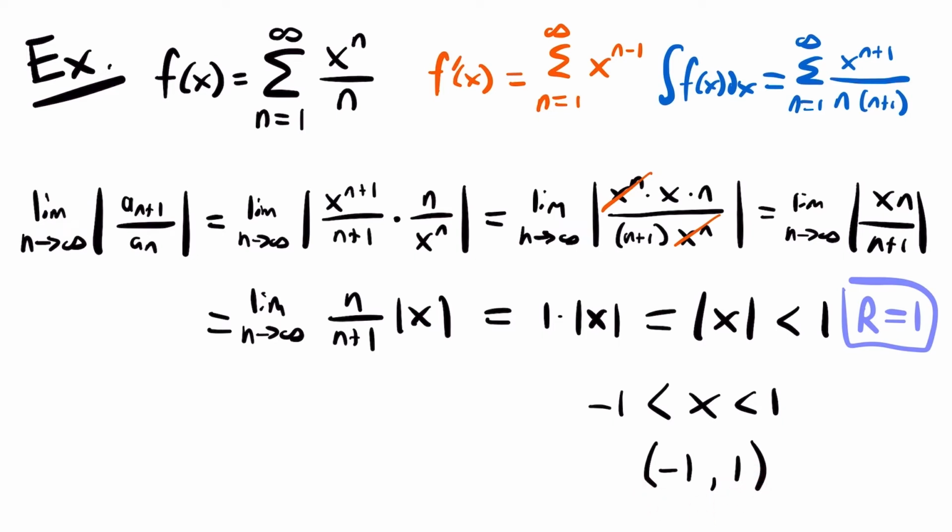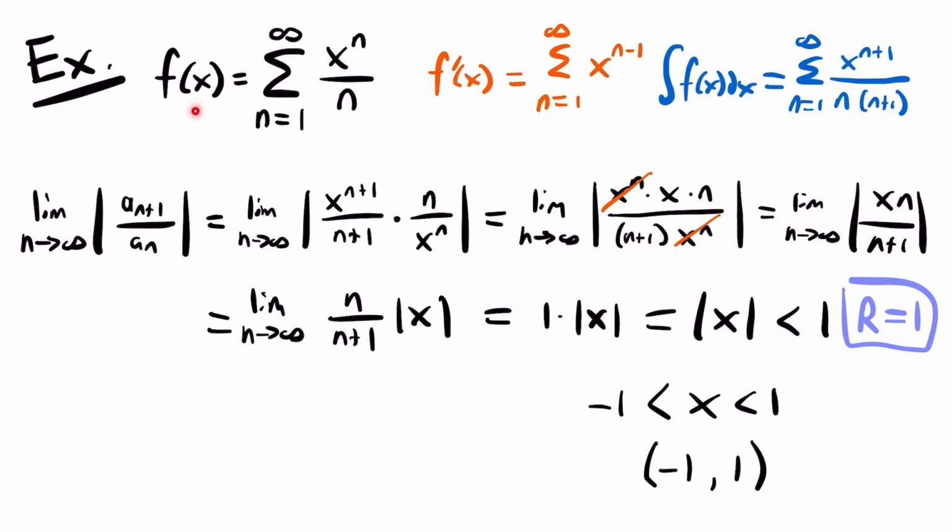We don't know. We're going to have to check each of those endpoints individually to determine if we should have a closed bracket around either of those endpoints. The ratio test only allows us to determine what two values of x our series is convergent between, not if those two values are included. Okay, so we'll look at that in a little bit.